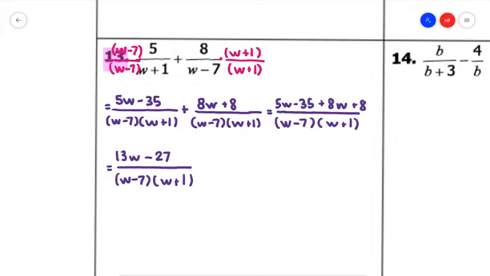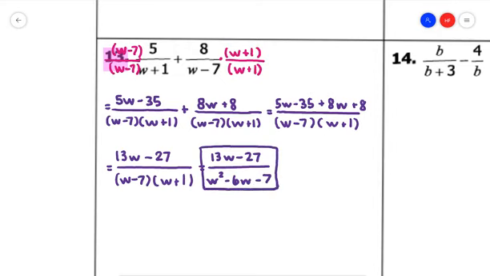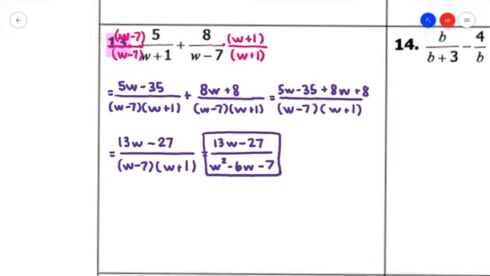So we can leave the answer like this, or we can multiply out our denominator: 13w minus 27 over w squared minus 6w minus 7. We only multiplied the denominator out because nothing canceled it out with the top since we couldn't factor the top. So we just left it as it was, multiplied it out.